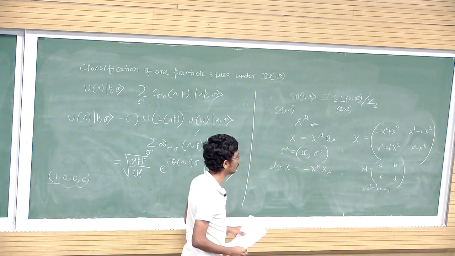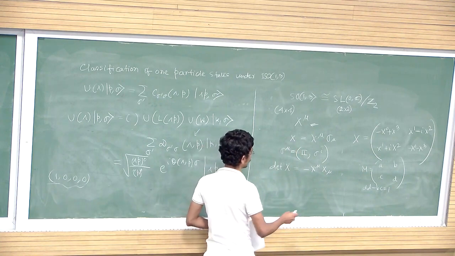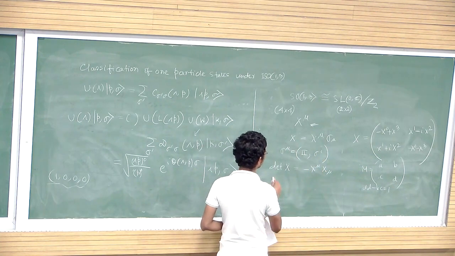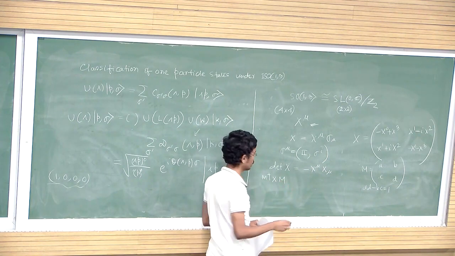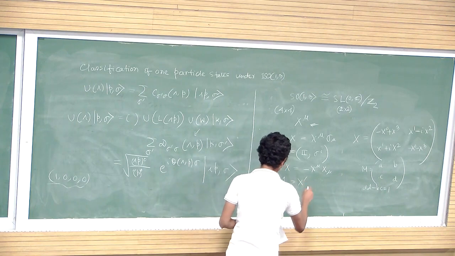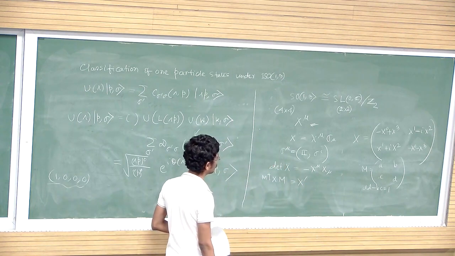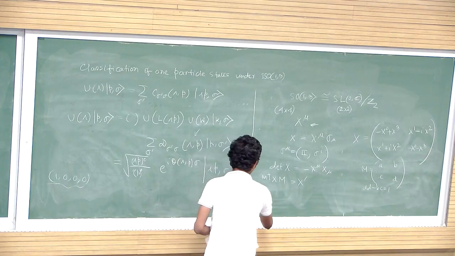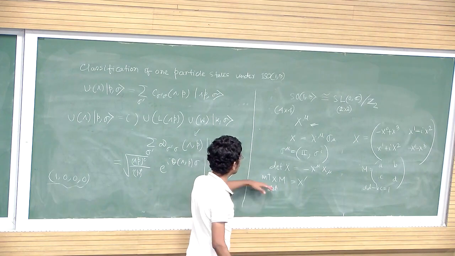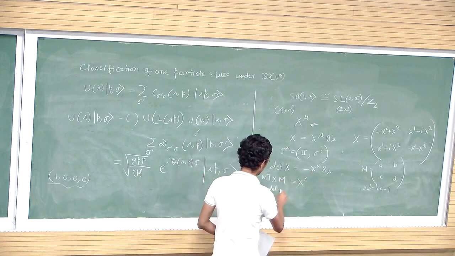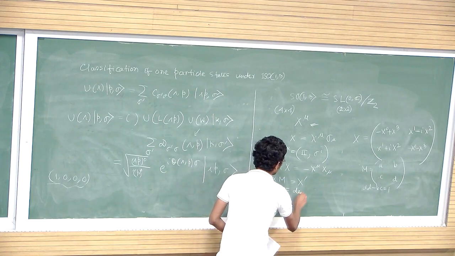Now suppose you make some SL(2,C) transformation of this matrix X. That will be something like M dagger X M, right? Let's call that transformed 2 by 2 matrix X prime. Now if you calculate the determinant on both sides, the determinant of M is 1, so what you get is determinant of X equal to determinant of X prime.